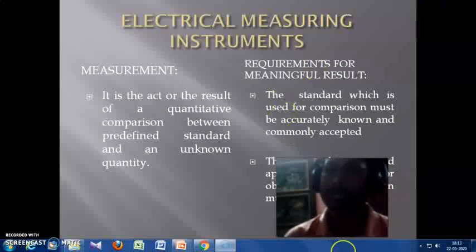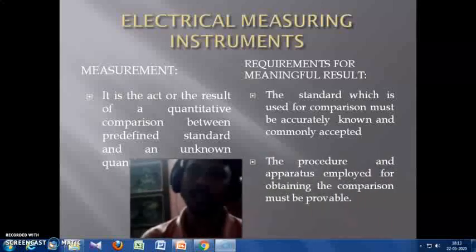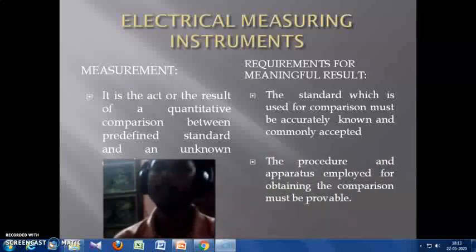Now if you want to measure any quantity, for meaningful results we should have requirements. The requirements are that the standard which is used for the comparison must be accurately known and commonly accepted.